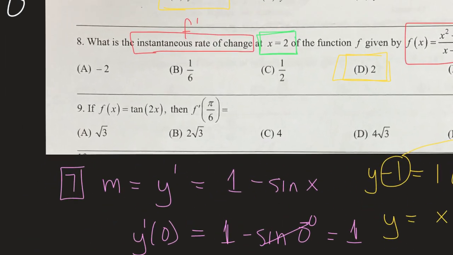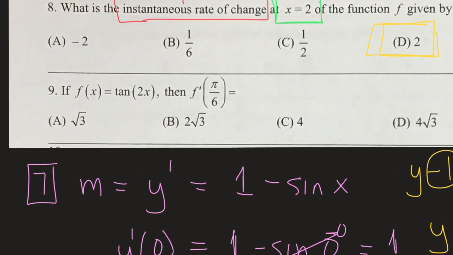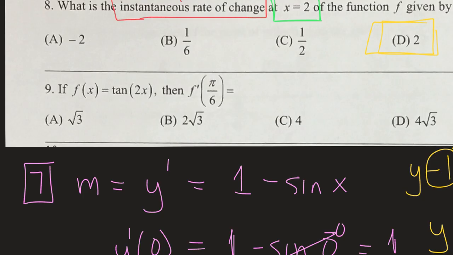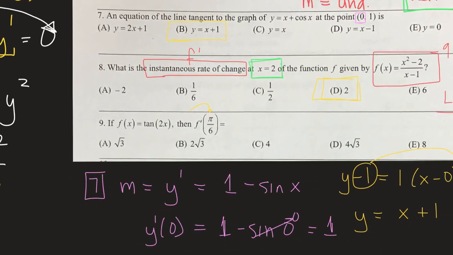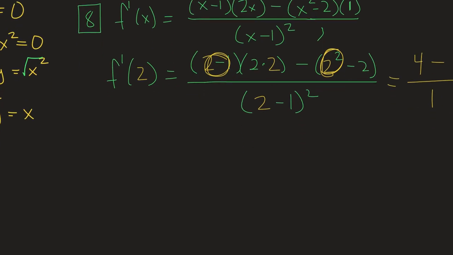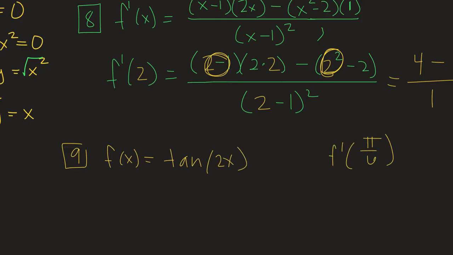Okay, number 9. We're given a tangent function and asked to evaluate the derivative at the point pi over 6. So let's see what we get. This is number 9. f of x equals the tangent of 2x. And what's f prime at pi over 6?